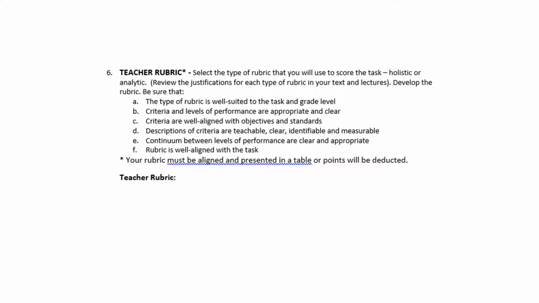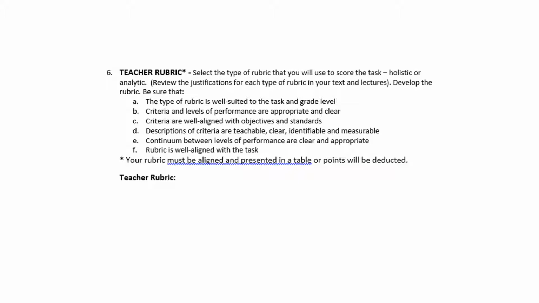Make sure that it's well suited to the task and the grade level. So it should be aligned to your standard and your target and your lesson and your performance task. The criteria and levels of performance should be appropriate and clear. So if you have grading, for example, on a 4-point scale, I should be able to tell distinctly what the difference is between 4 points and 3 points and 3 points and 2 points.